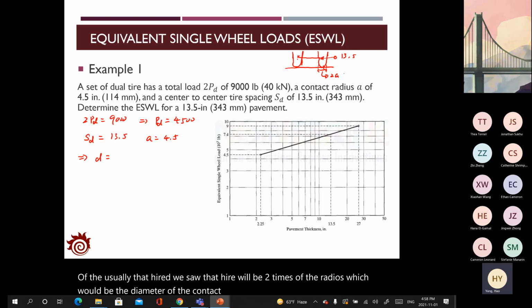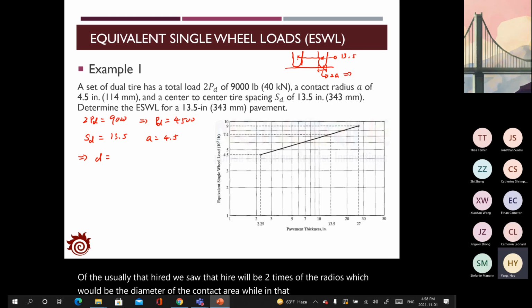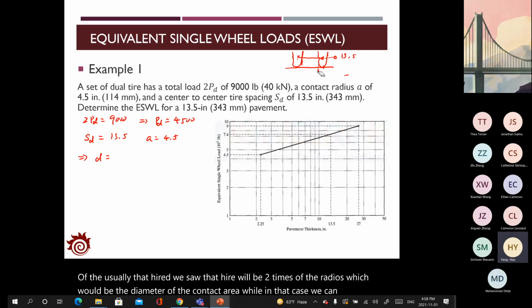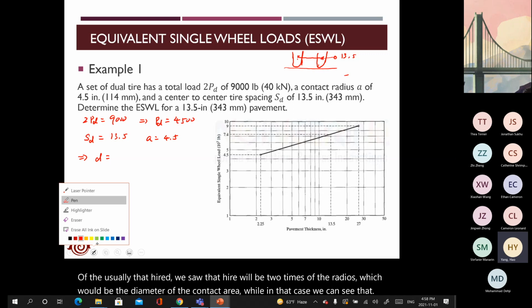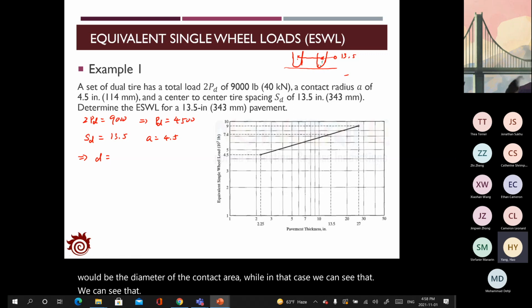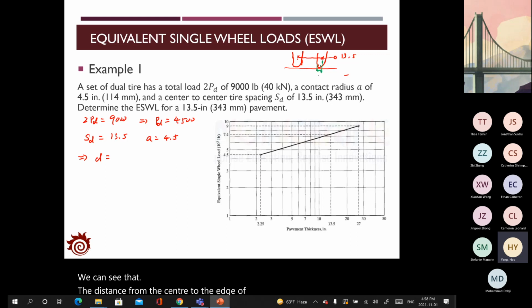Well, in that case, we can see that the distance from the center to the edge of the tire would be A, that would be 4.5 inches, and similarly apply to this tire.